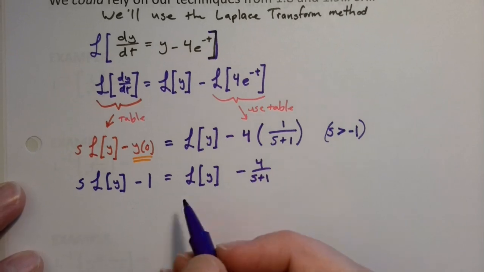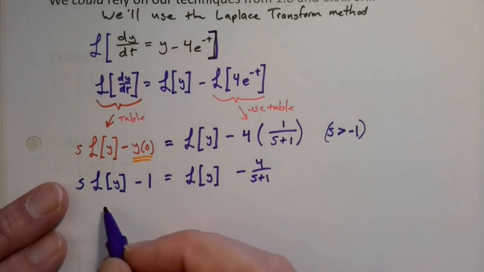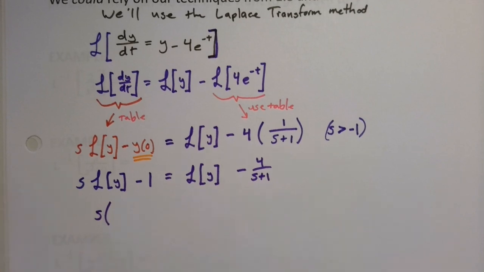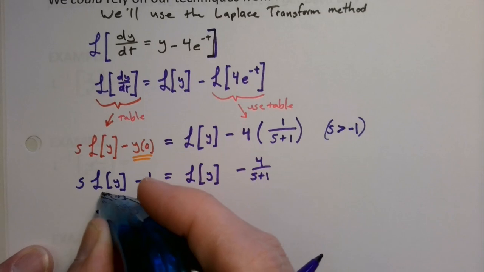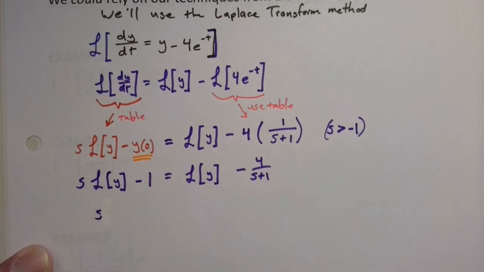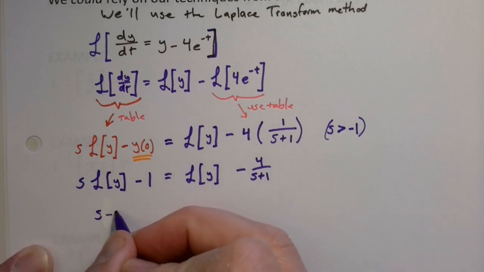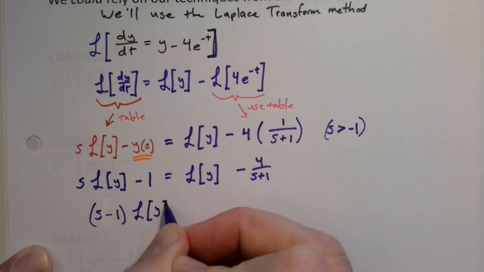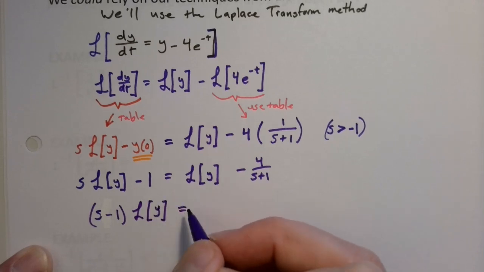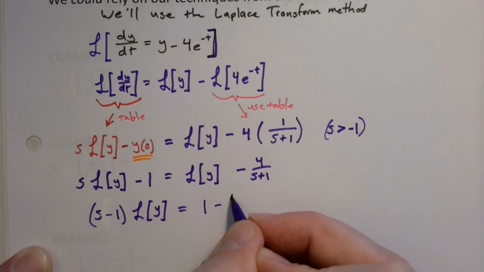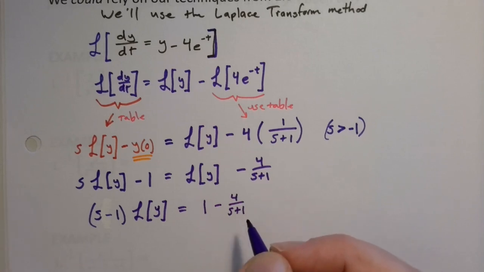With a little algebraic manipulation, if I subtract the Laplace transform of y, I'll have s minus 1 times the Laplace transform of y, after we factor that. Excuse me, not s times, s minus 1. Trying to do too much in one step here. And if I add the 1 to the other side, I'll have 1 minus 4 over s plus 1.